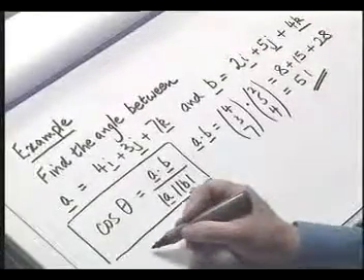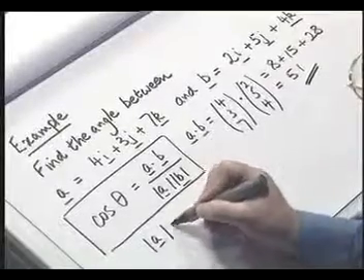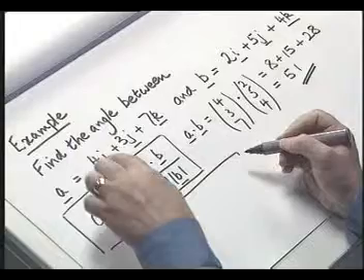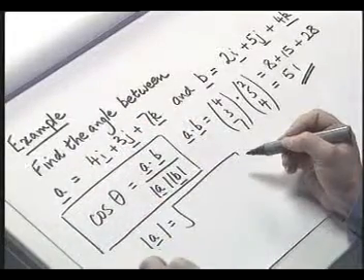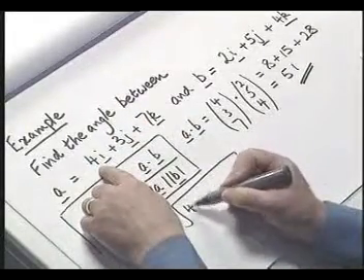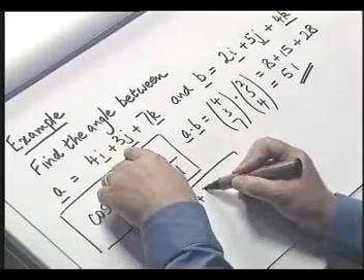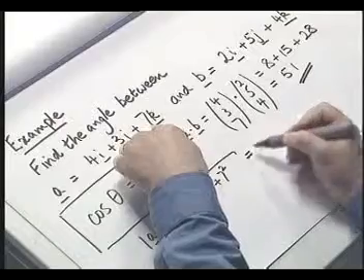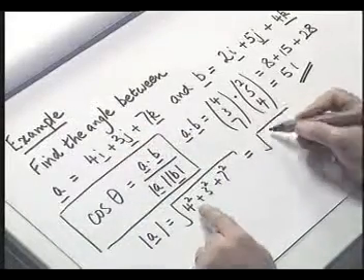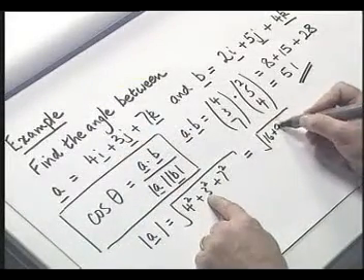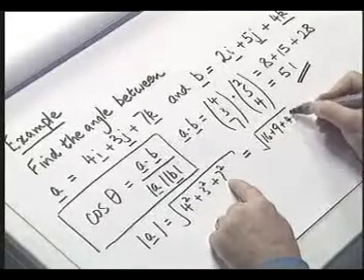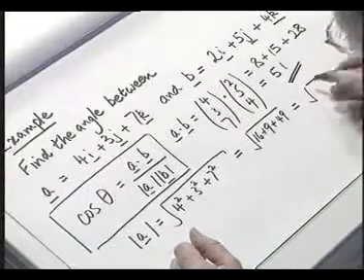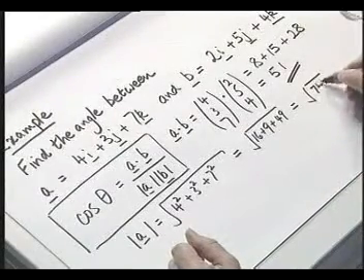Okay, the modulus of A. Now, the modulus of A is found by taking the square root of the squares of these components added up. So we want 4 squared, 3 squared, 7 squared, which is going to be the square root of 16, 3 3s are 9, 7 7s are 49, and if you work that out, you'll find that that's the square root of 74.